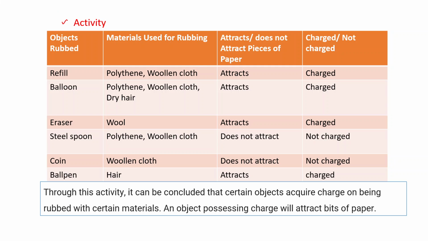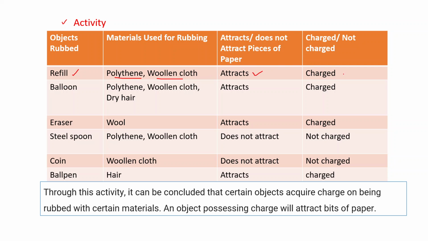Now, there is one activity. In this, we will rub certain objects with a material, and when these rubbed objects are brought near the pieces of paper, we will see whether they attract the pieces of paper or not. Okay. Let us see. Refill. When this is rubbed with the polythene or woolen cloth and brought near the pieces of paper, you will see that it attracts.